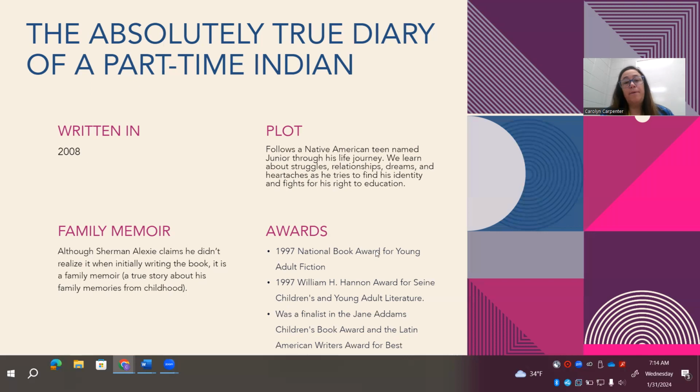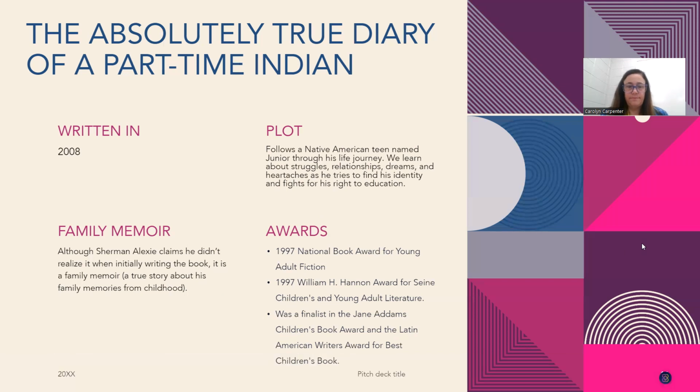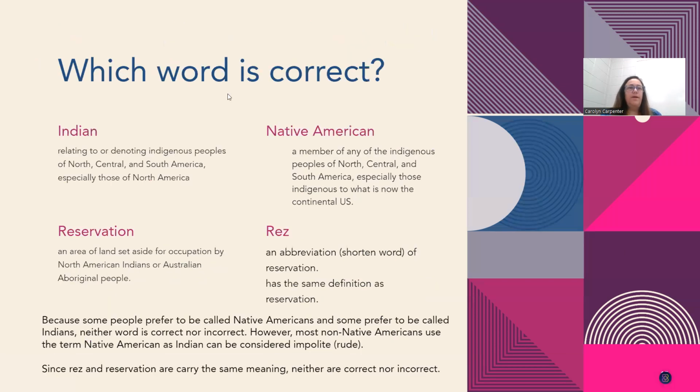This book has won multiple awards, which you can read about down here if you would like. Okay, so now we're going to move on to some controversial or confusing words. So we have the word Indian and Native American. I'm just going to give you the definition here from Webster Dictionary.